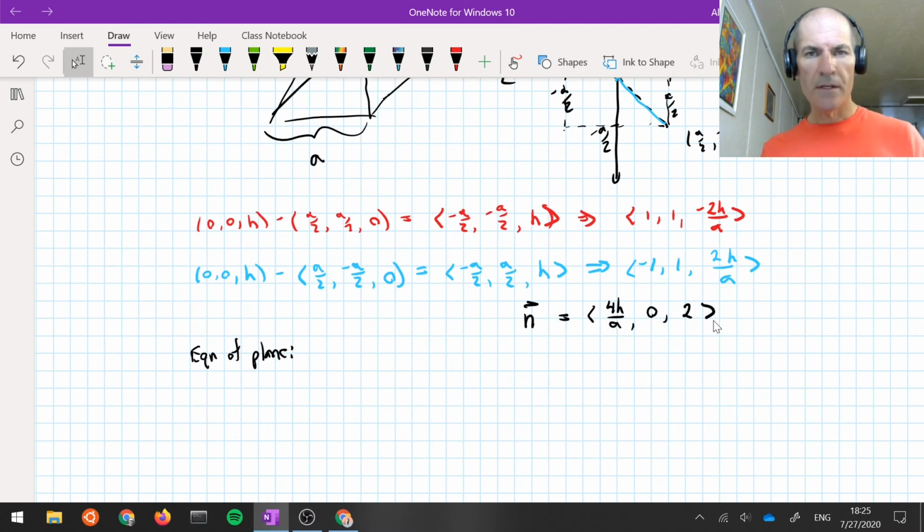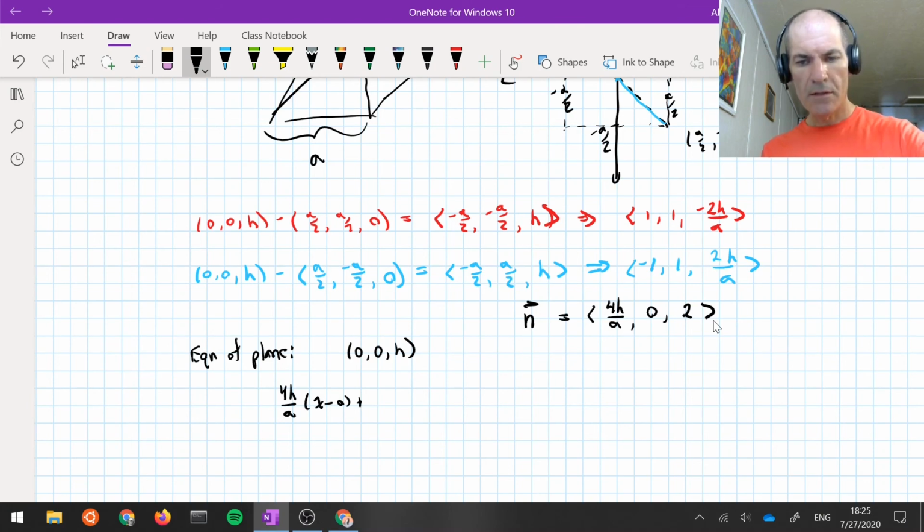Okay, so let's write out the equation of the plane corresponding to this normal vector through the point 0, 0, h, which is the tip of the pyramid. We'll take 4h over a times x minus 0 plus 0 times y minus 0 plus 2 times z minus h, and all of that's equal to 0.